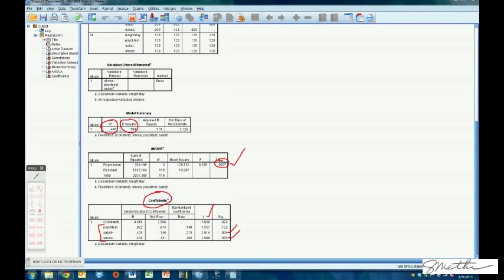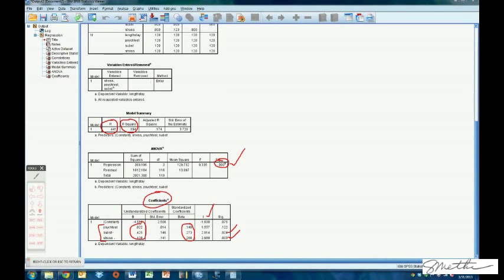And then I'm looking at the contribution of each individual predictor down here in the table called your coefficients table. I'm paying attention mostly to these B values, and the betas are important as well, but not as important as taking a look at the significance to see which of the variables were better than the others.